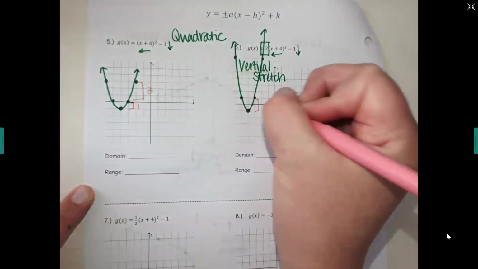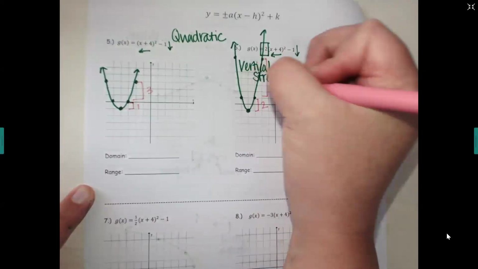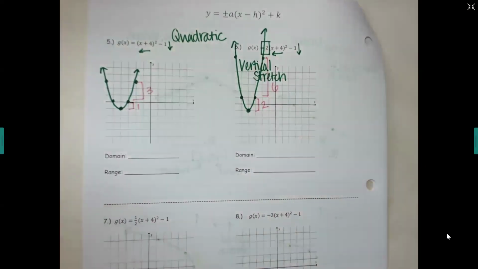Now it's a 2 and then a 6. So you're taking those original vertical jumps and you're just multiplying them by whatever your stretch is. Okay.